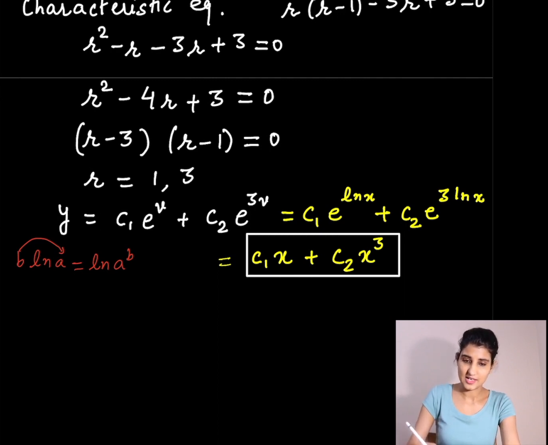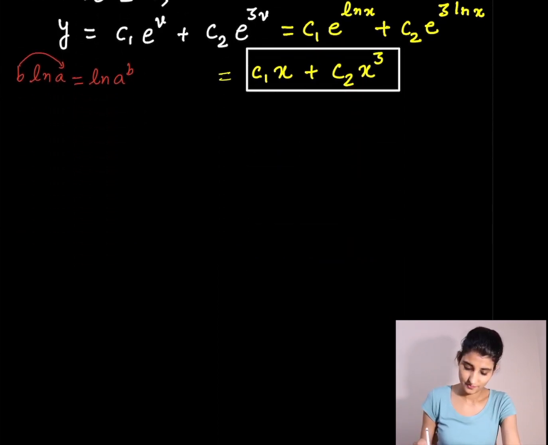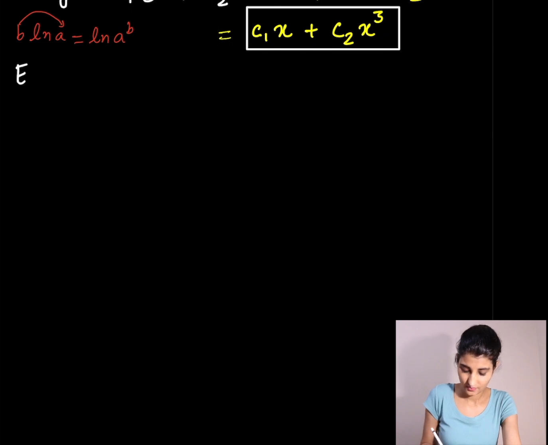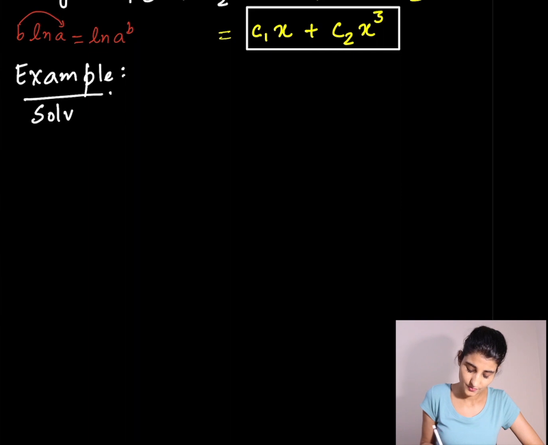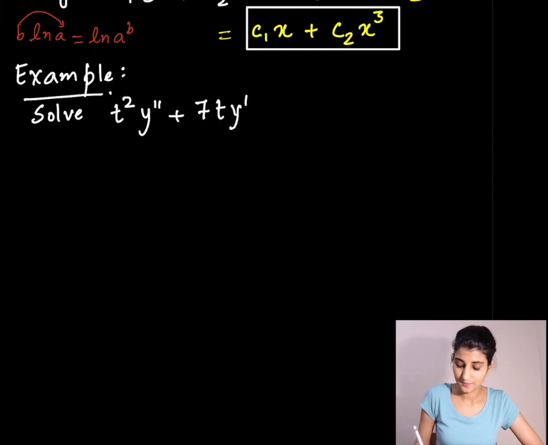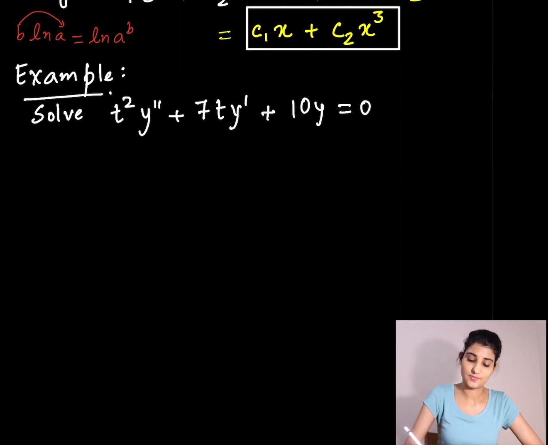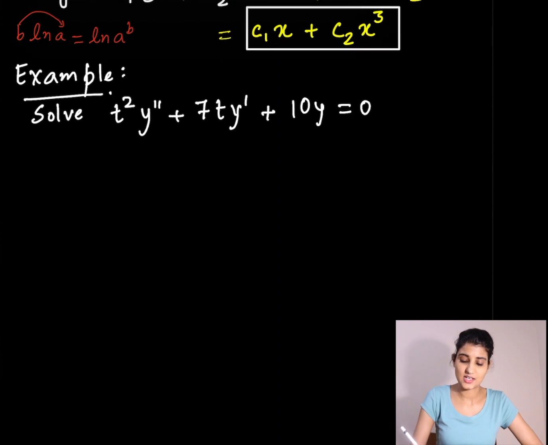Let's see one more example. The next example is to solve t square y double prime plus 7t y prime plus 10y equal to 0. In place of x, this time our independent variable is t.